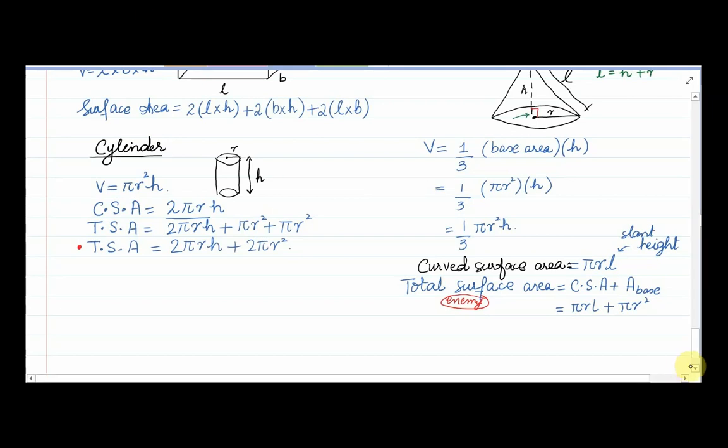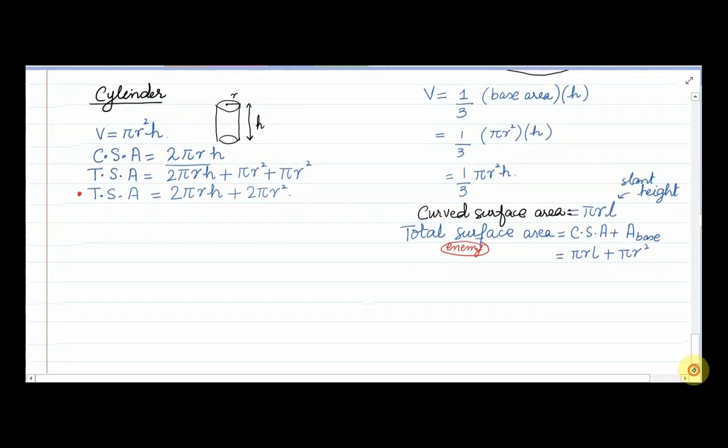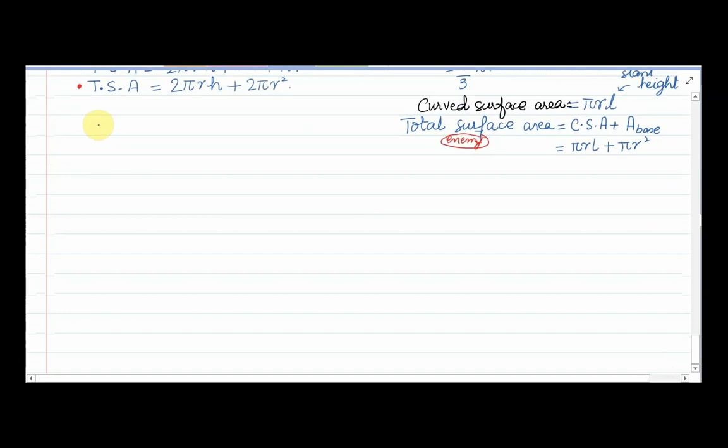After cone and cylinder, we have one more shape to discuss, and the name of this shape is sphere. Now what is a sphere? The best example that you can visualize very easily is a football. Football is the best shape of a sphere.